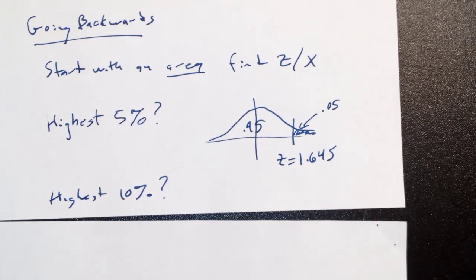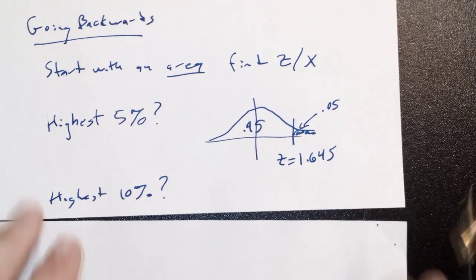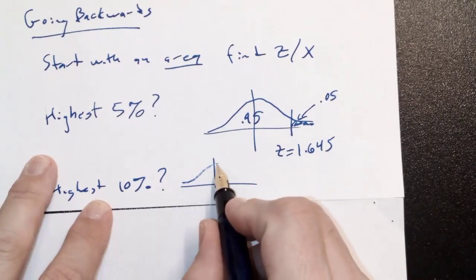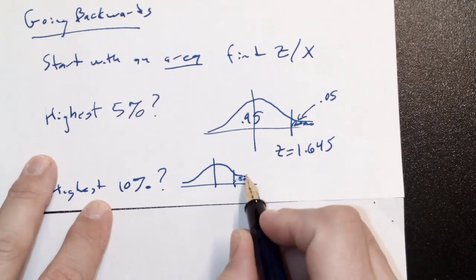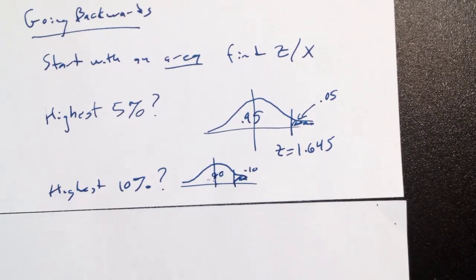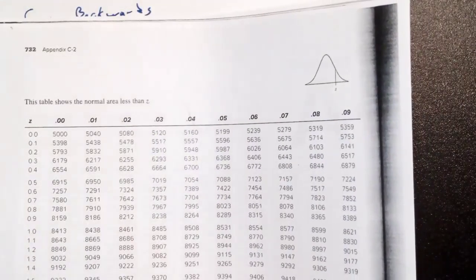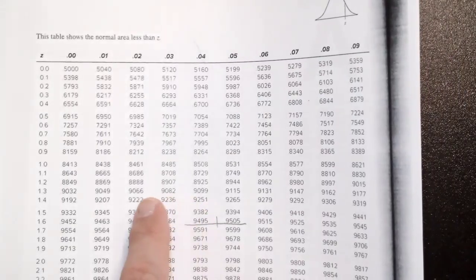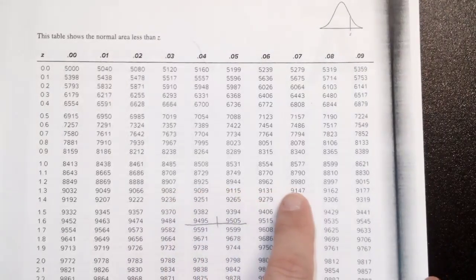I see the same picture, right? Only this time, the area is 0.1 here, so this is 0.90. And I start looking for 0.90. Well, if there's 0.95, I got to go back a bit. 0.8989, 0.8990.